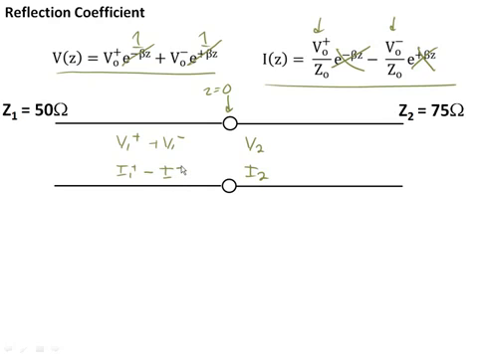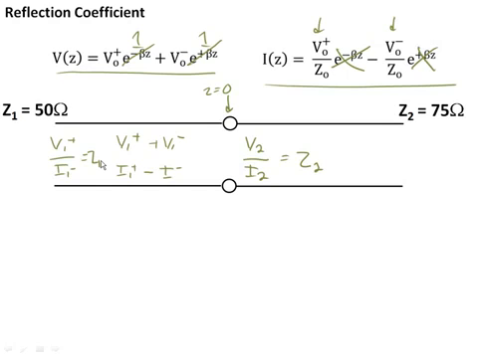That minus sign is there because currents have direction. This current we define to be going back in the opposite direction. We also know that essentially this ratio is equal to Z2, just as the ratio here of V1 plus to I1 plus is equal to Z1. This will also apply to the minus currents.